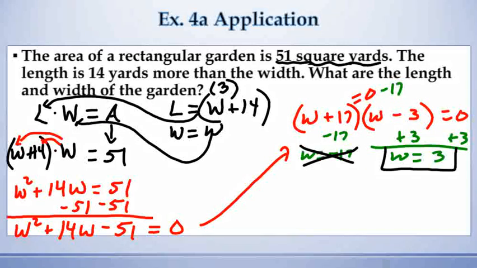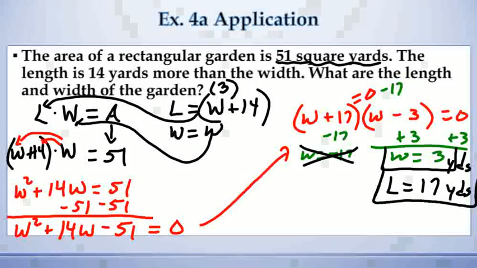So if I put 3 in there, that will give me my length. So 3 plus 14, the length will have to equal 17. So these are going to be 17 and 3 yards. Those would be my dimensions of the garden.